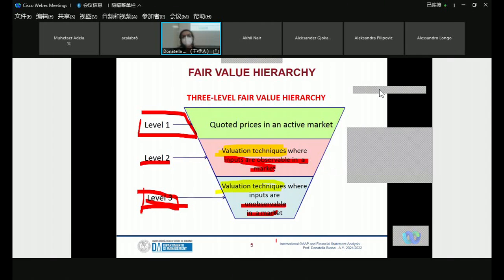For some other assets, it's the company that can choose between historical cost and fair value. Anyway, when a company has to use fair value, the company has to apply this hierarchy. So if the asset is listed, it is mandatory to use the market price. Otherwise, it is necessary to determine the fair value using a model.